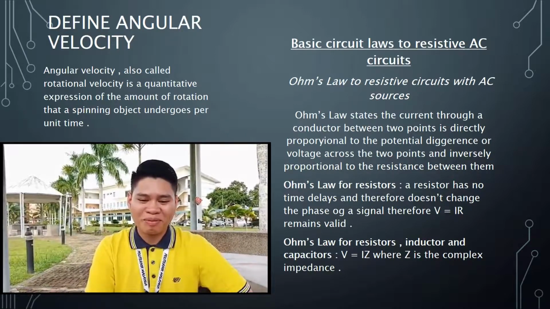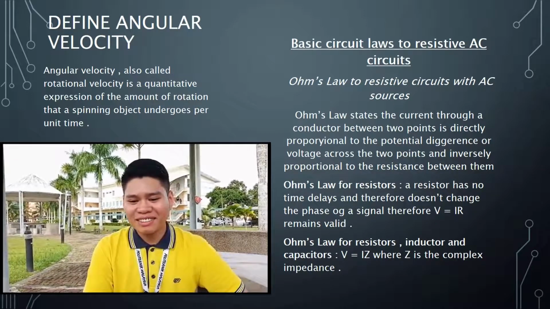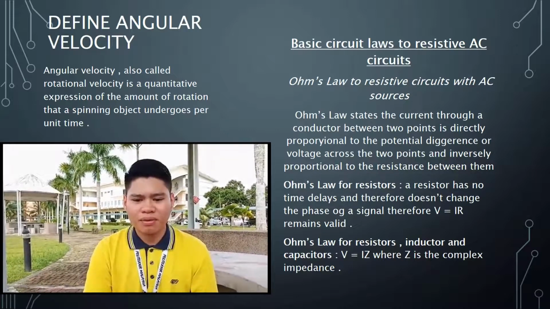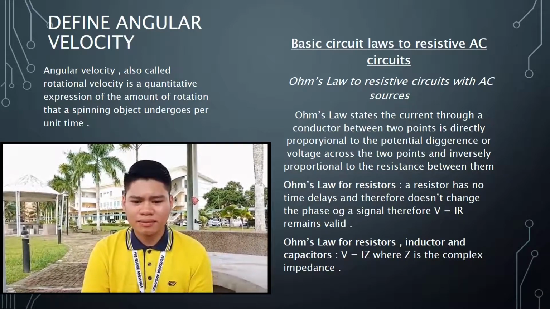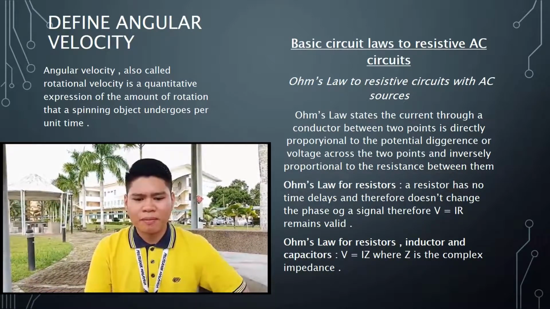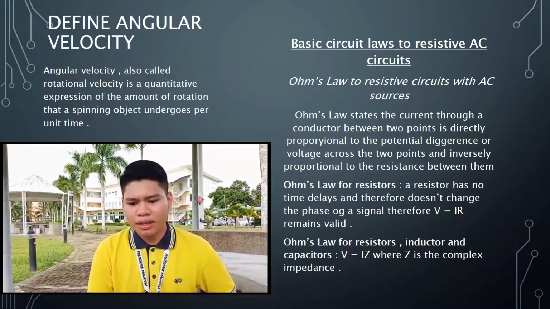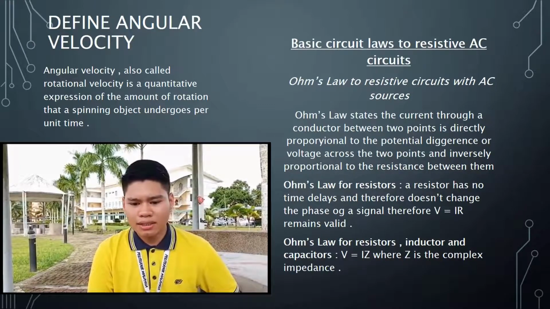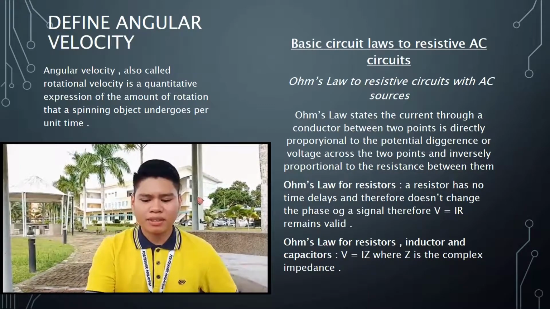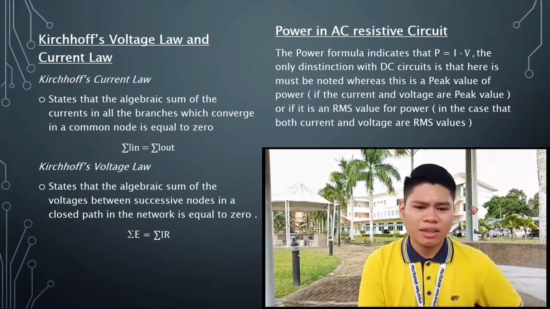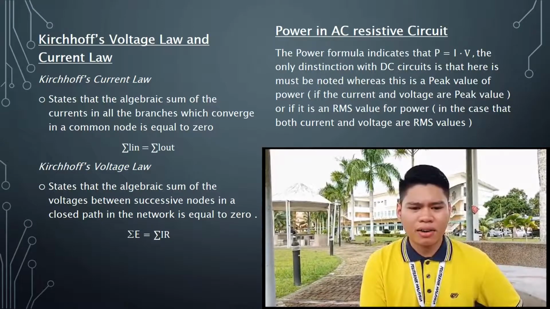Kirchhoff's current law states the algebraic sum of the currents in all the branches which converge in a common node is equal to 0. Kirchhoff's voltage law states the algebraic sum of the voltages between successive nodes in a closed path in the network is equal to 0.